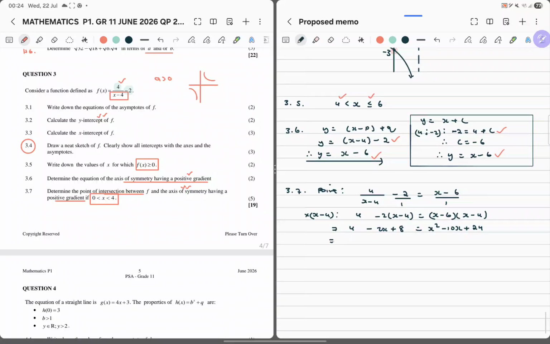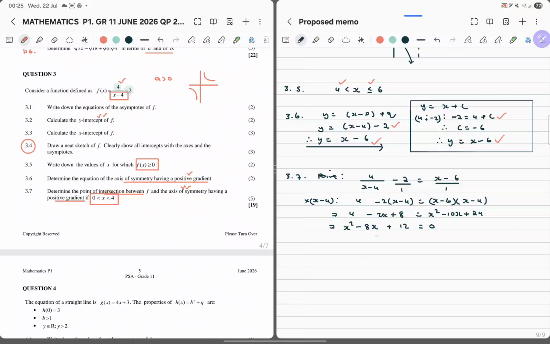Now we write our quadratic in standard form: x squared minus, if we bring in the 2, we're going to get minus 8x, and then 24 minus 8 is, wait, this is going to be 12. So 24 minus 12 is going to be plus 12, equal to 0.